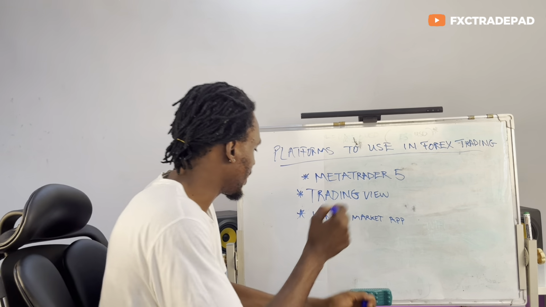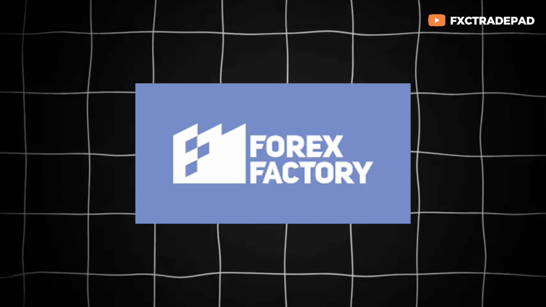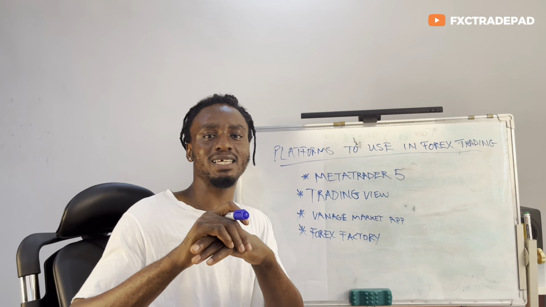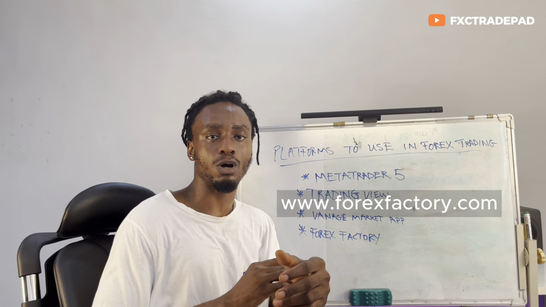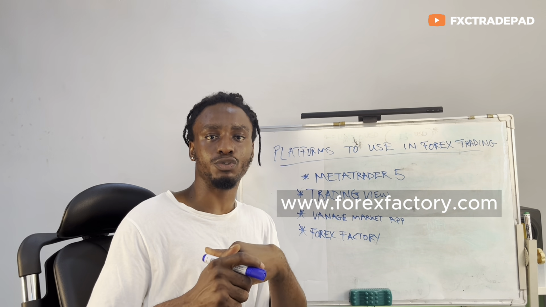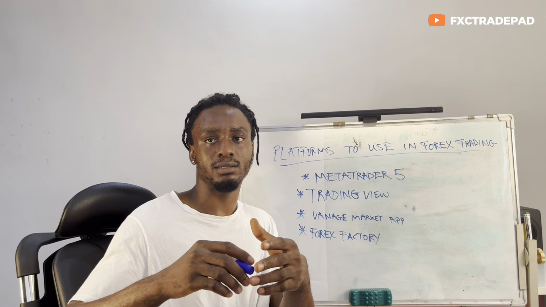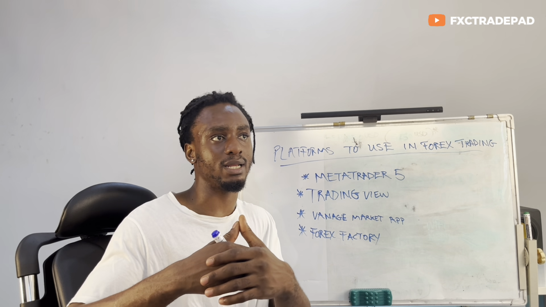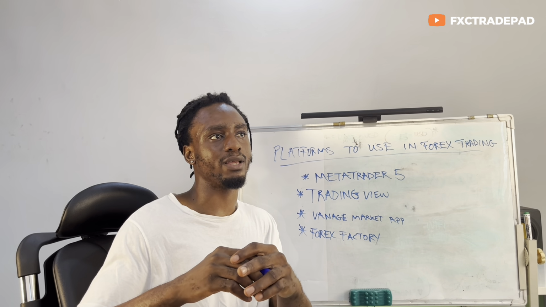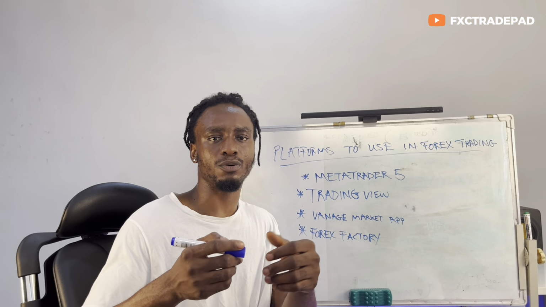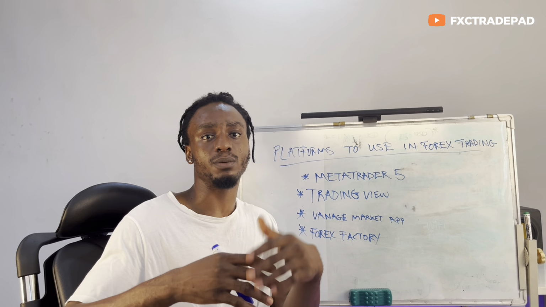Now the next one we have is Forex Factory. Forex Factory basically is a news platform. It's a website, www.forexfactory.com. That's where you see the news that will affect a particular currency. This is where financial news drops, like US unemployment, for example, or a rate cut, important financial news that drops in a country.